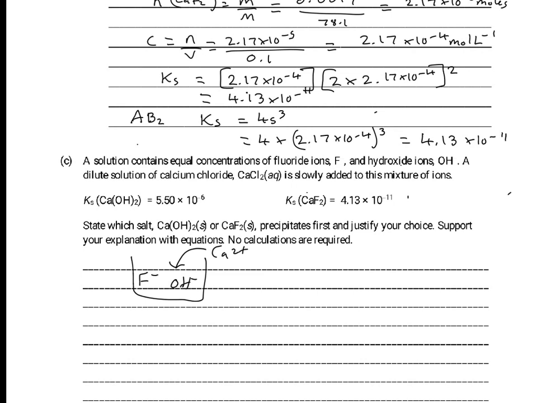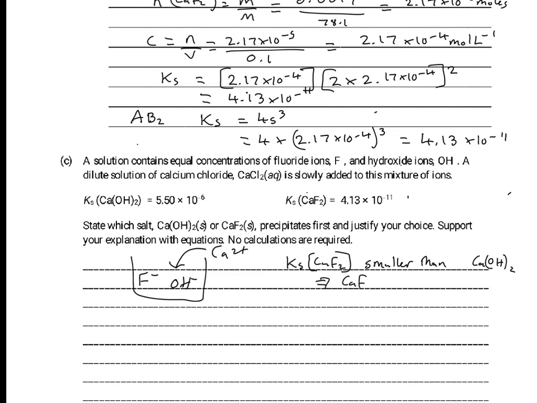So what you need to know is we're looking at the Ks values. Ks is a measure of solubility. The Ks value of calcium fluoride is smaller than the Ks of calcium hydroxide, because times 10 to the minus 11 is smaller than times 10 to the minus 6.